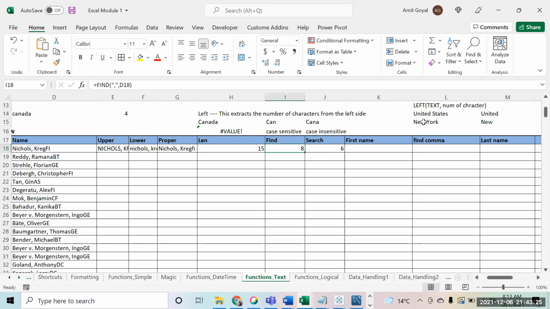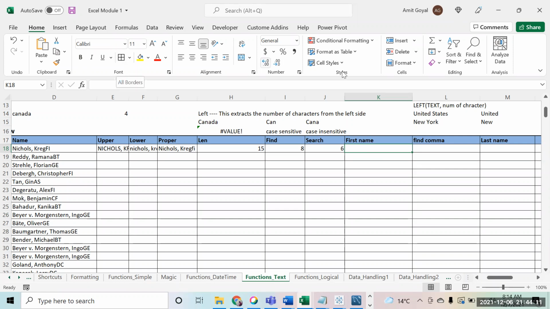Instead of space, we were just using the comma in that case, because comma was what was separating the values. So please try this once.